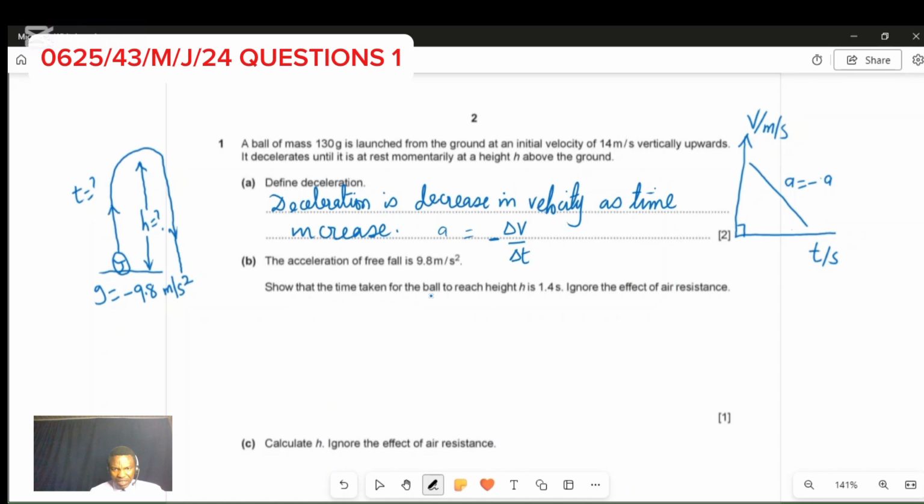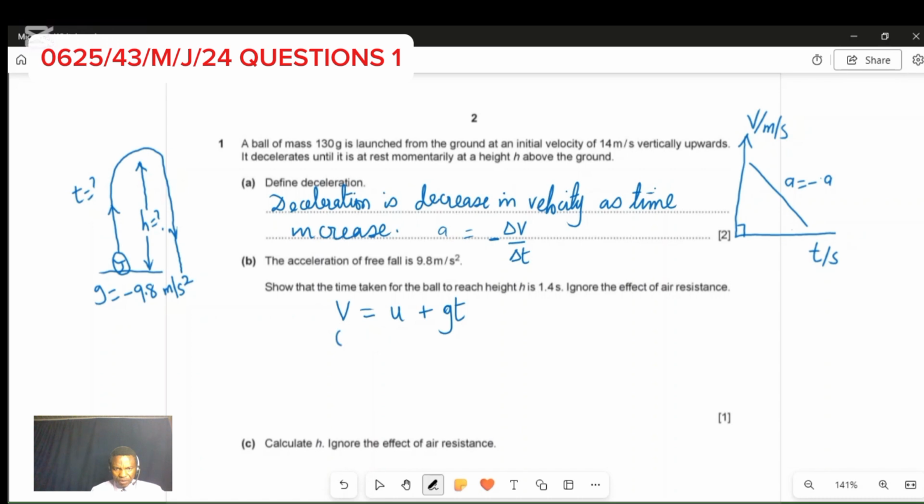Show that the time taken for the ball to reach that height is 1.4 seconds. If a ball is thrown up, the speed, velocity will start reducing until it finally becomes zero at the maximum height. So we use the first equation of motion. v is equal to u plus gt.